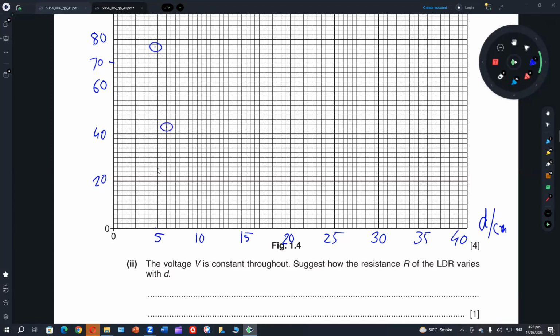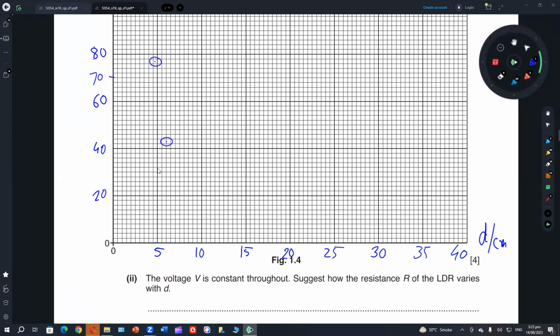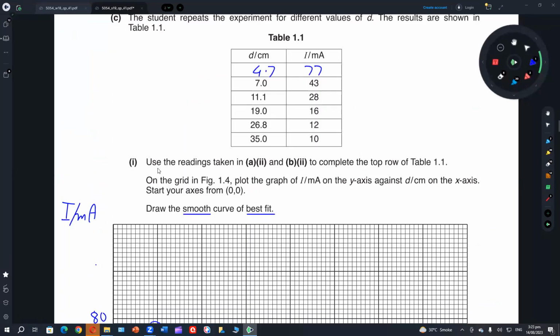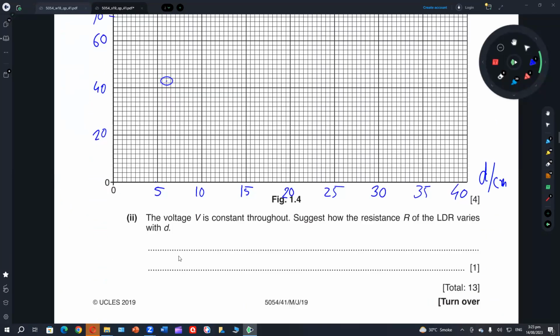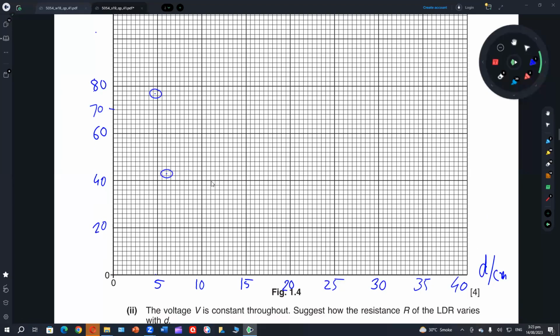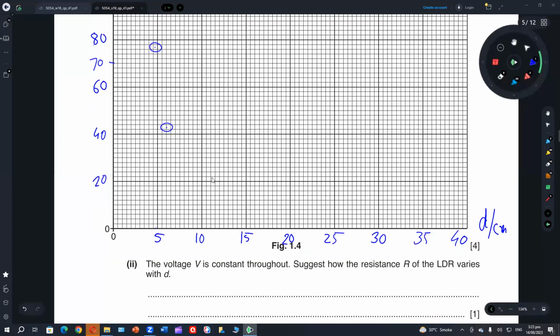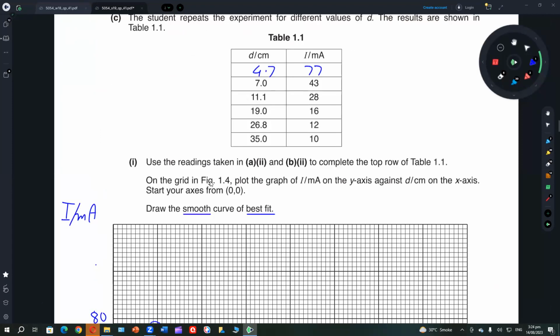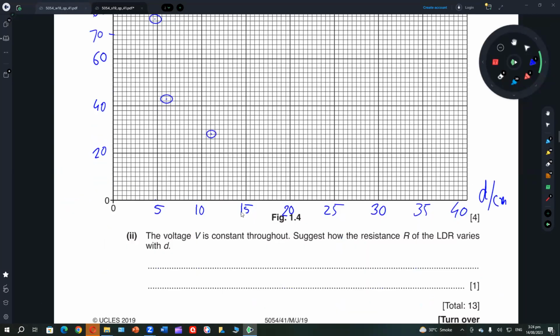You should mark the points with me. Then it is 11.1 and 28. Then it is 19 and 16.